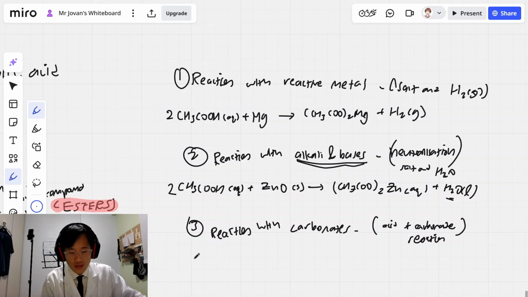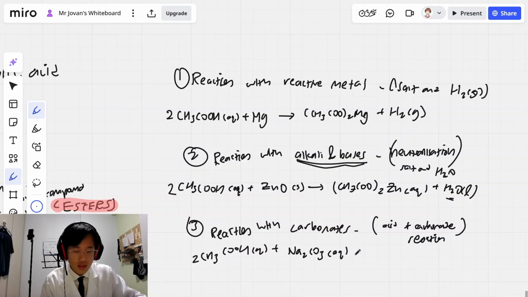Okay, I'm going to write the equation for carbonate. Let's use metal carbonate that is generally unreactive with the other stuff, sodium carbonate. What do you get?